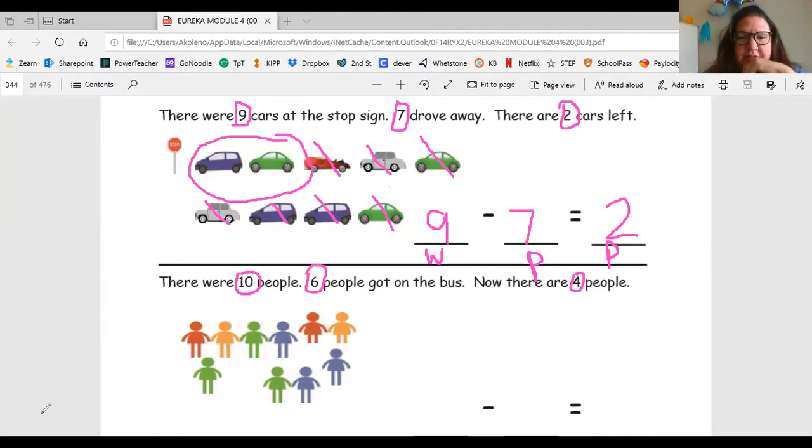Now, if I didn't have this cool little computer pencil to cross off, I would just need to use my finger and I would count. Probably start with this one all the way on the left.